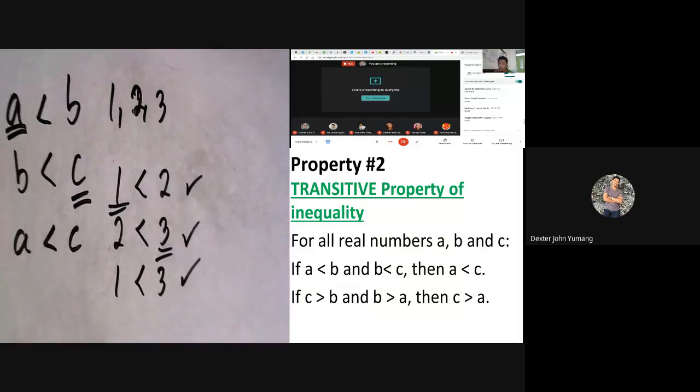That is the transitive property of inequality. Type done if you're done with the definition. Again, we will have a recitation after this, so make sure you have a copy so you can participate.